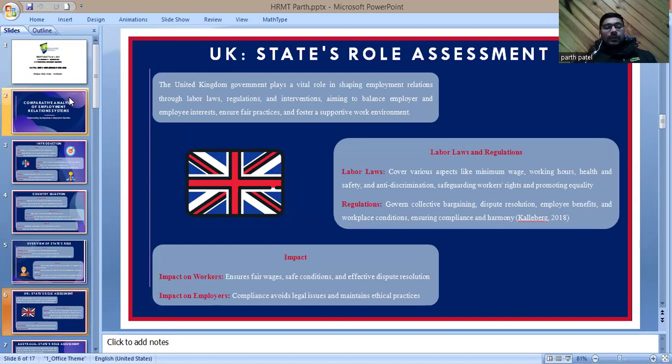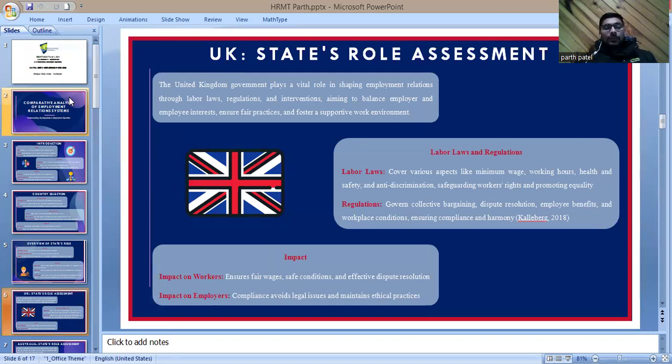The labor framework of the UK is based on aspects of employment, such as minimum wages, working hours, health and safety, and it safeguards worker rights and promotes equality.